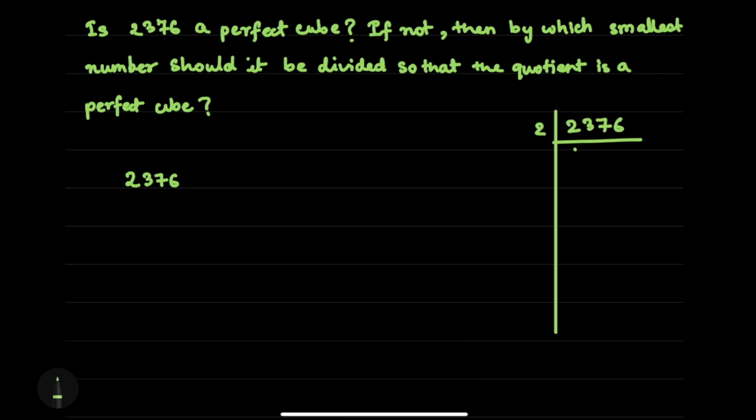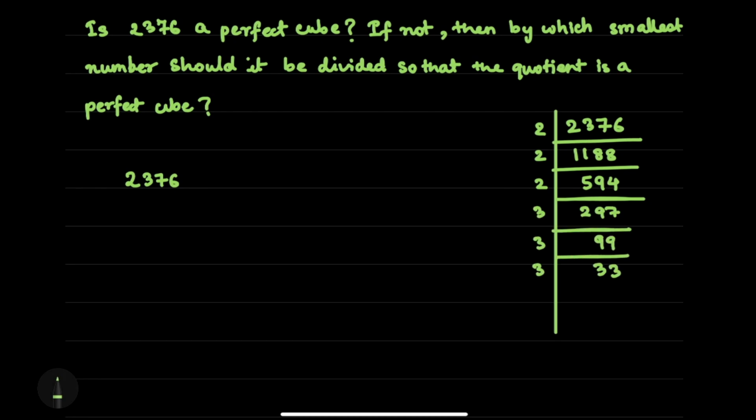We have 2, we get 1188, 2 again, we get 594, 2 again, we have 297, 3 again, 99, 3, 33, 3 again, 11, 11, and then 1. In terms of prime factors, let's express this as 2 into 2 into 2 into 3 into 3 into 3 into 3 into 11.